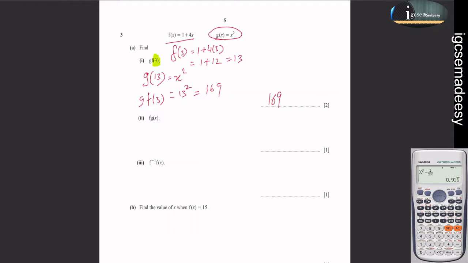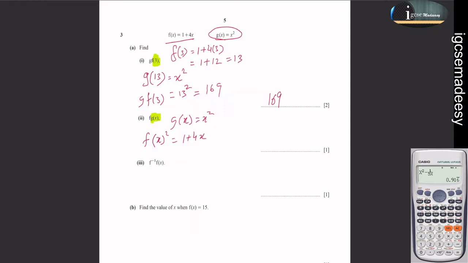So the next part, again we have to start solving from the back side. So g of x is what? g of x is equal to x square. So we'll put g of x, which is x square, into f. And what is f of x value? f of x value is 1 plus 4x.